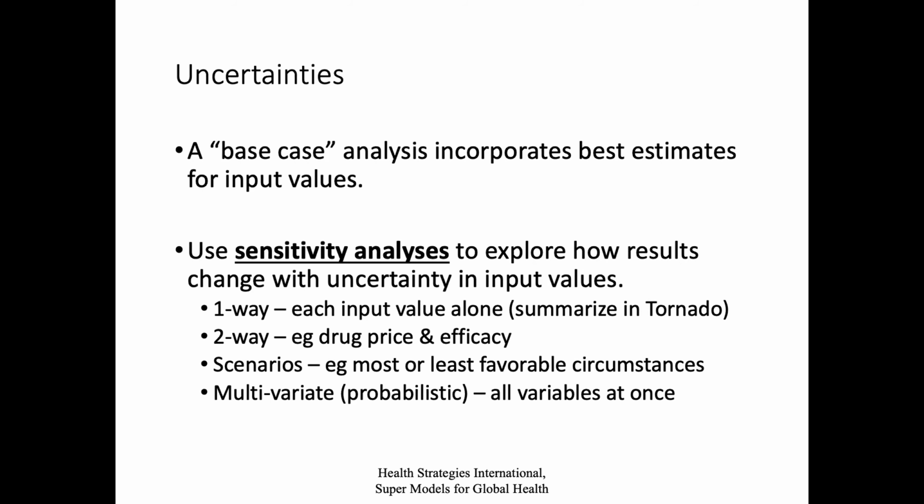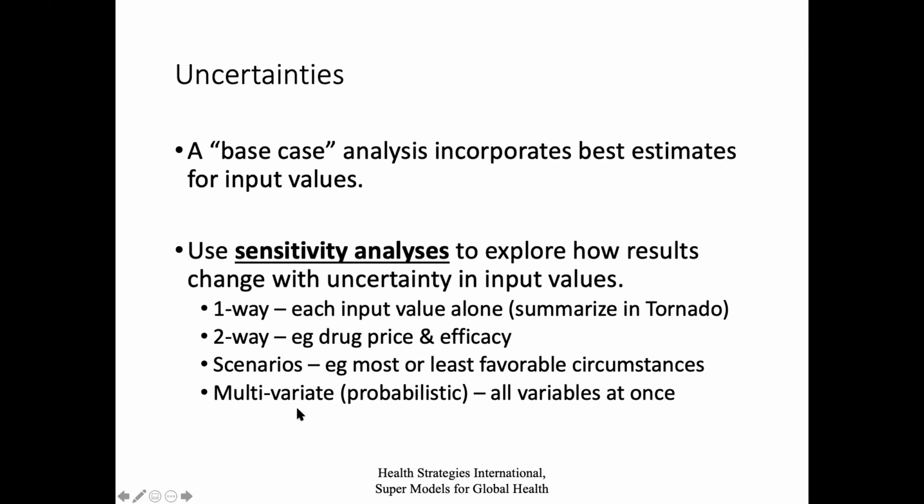Then there are two-way analyses, so maybe drug price and efficacy varied together. Scenarios ask what's the best and worst case for cost effectiveness? In particular, best case scenarios are extremely useful if you're trying to demonstrate that under no plausible circumstances can an intervention be cost effective. If you show that for very favorable assumptions for the 4 key inputs to the analysis, this intervention still looks unattractive economically, that's a very powerful statement.